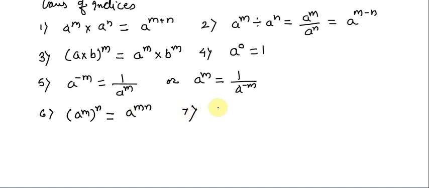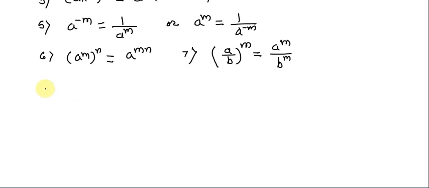The seventh one is the index of a fraction a upon b, or rational number. A upon b raised to the power m is equal to, we can distribute this to numerator and denominator, a raised to power m upon b raised to power m. Now we will see the negative index form of a rational number.